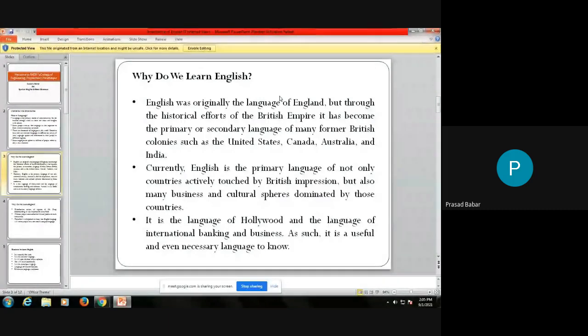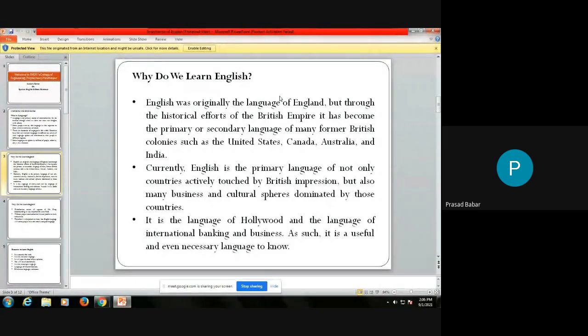So English was originally a language of England, but when the Britishers invaded the American continent, then the Asian continent, India, and after that the African continent, these countries under the British Empire became the colonies of Britishers.